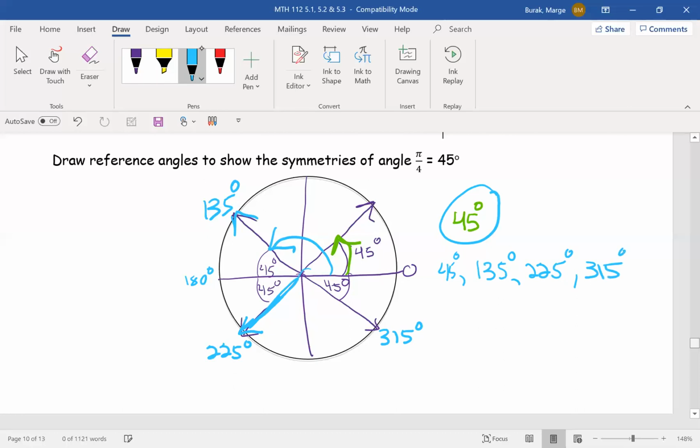And what does that mean? That means that they all have the same numbers for the points. They're all going to be radical 2 over 2 and radical 2 over 2. The only difference is in quadrant 2 over here, we have to go negative radical 2 over 2 for the cosine, or the x-axis, and then go up positive radical 2 over 2.